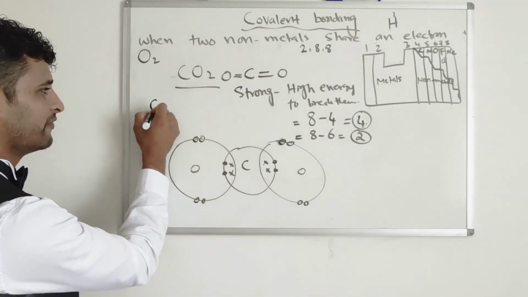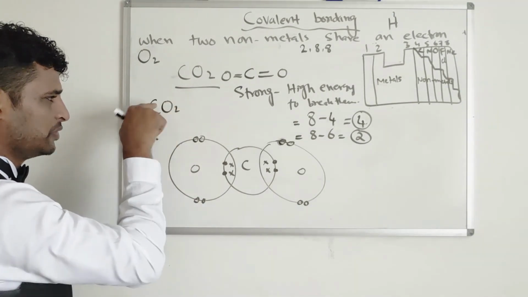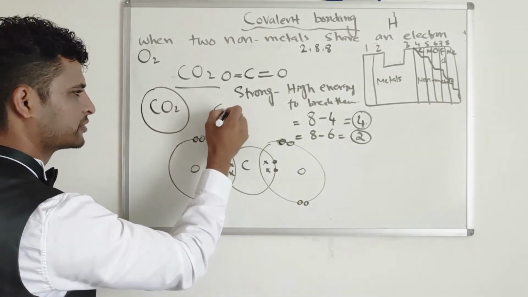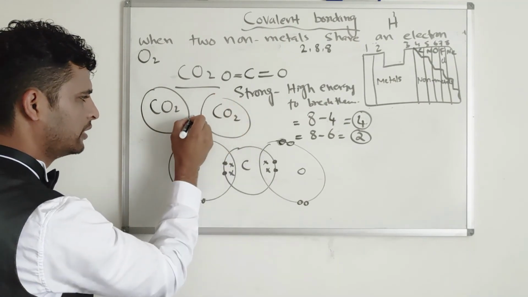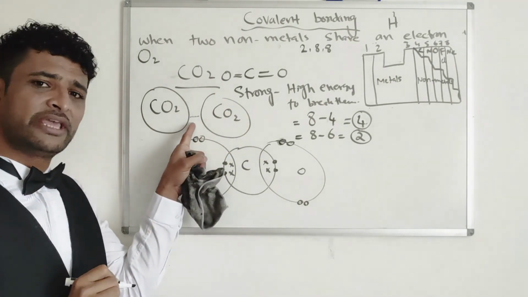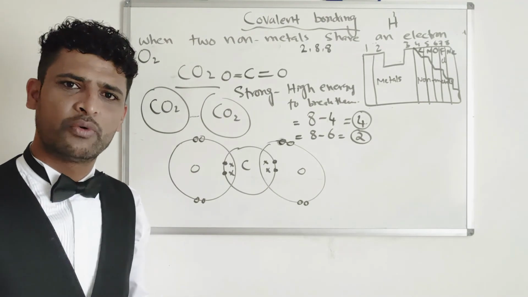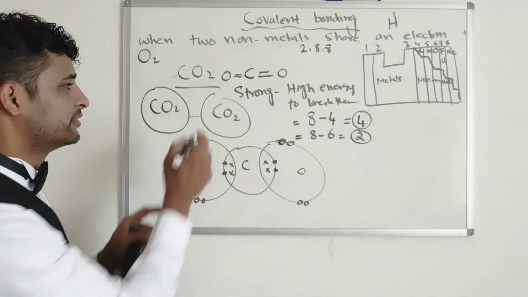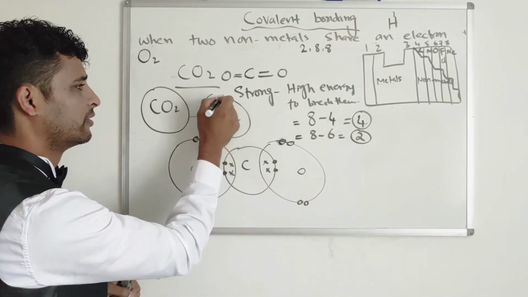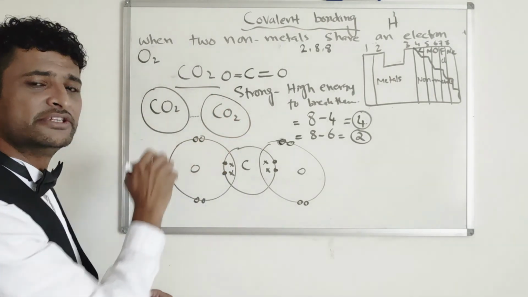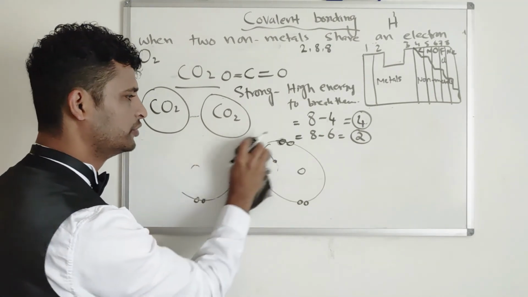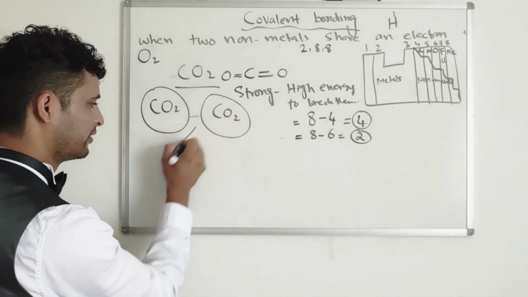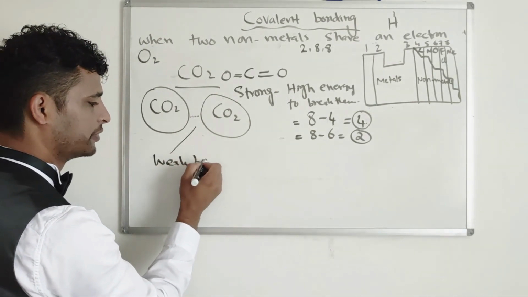That means if you have one molecule of carbon dioxide, between carbon and oxygen you have a covalent bond, but between one carbon dioxide molecule and another, they do not have that. If they ask you why covalent compounds have a low melting and boiling point, you can say that they have weak intermolecular forces. Do not say that they have weak bonds.